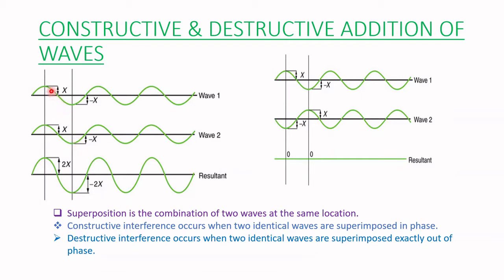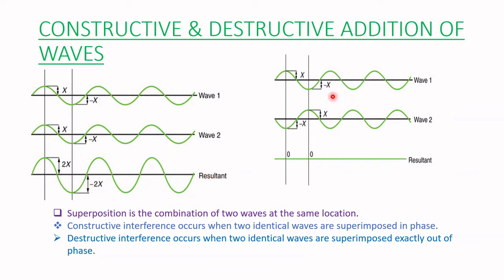They have exactly the same amplitude, time period and frequency; they are identical in all aspects. So when they superimpose, according to the superposition principle, y1 is added to y2. That means x is added to x and you get a 2x displaced crest, and minus x is added to minus x, giving a minus 2x displaced trough. So that is the resultant wave.